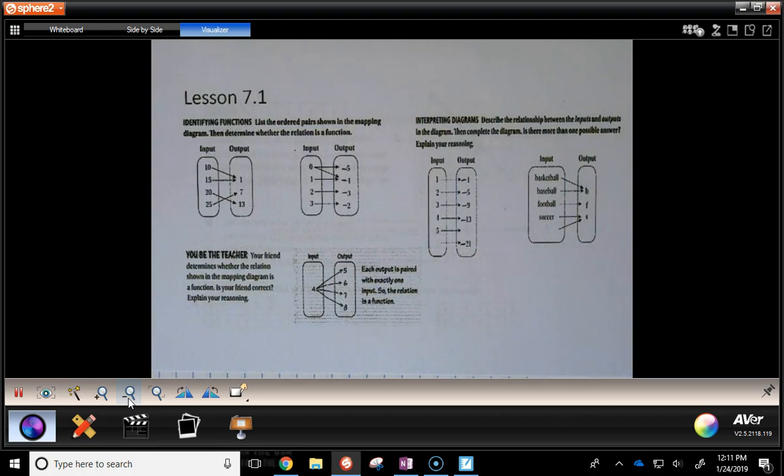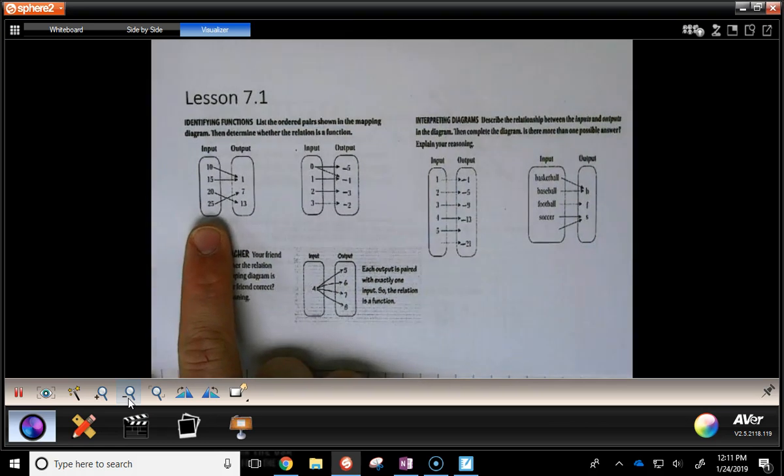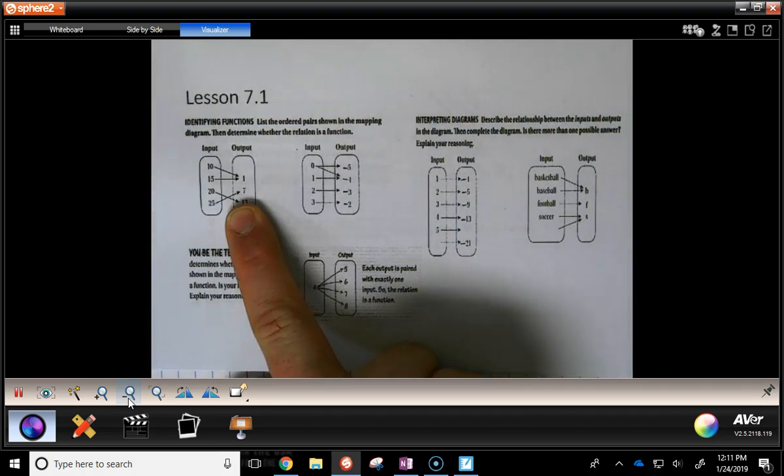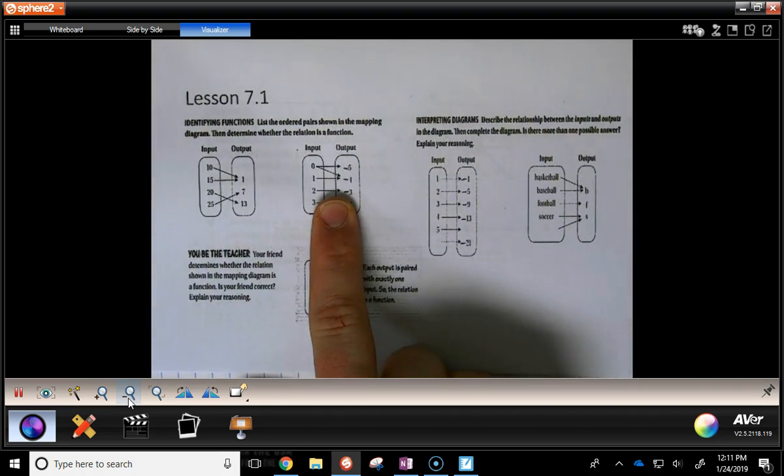On the first problem, it says, list the ordered pairs shown in the mapping diagram. Then determine the relation function. So for this one, I have to list out the ordered pairs and say, is it a function or not a function?